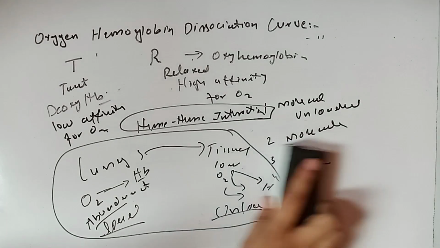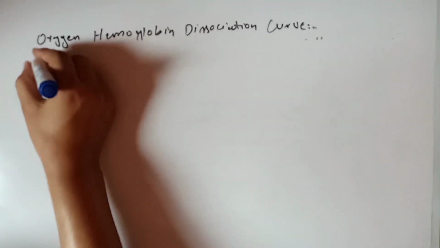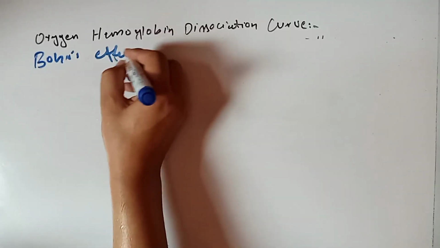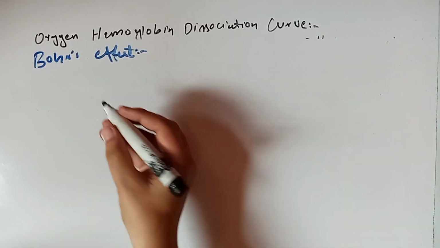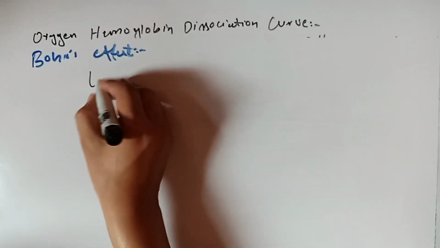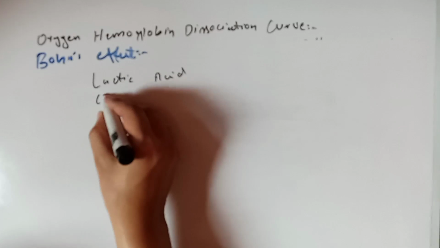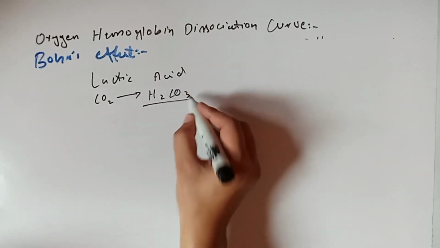Next we should be knowing the Bohr effect. Another thing we should be knowing here is the Bohr effect. So what is the Bohr effect? We know that in tissues there is metabolism going on which produces lactic acid, and produces carbon dioxide, which is converted into H2CO3 or carbonic acid.